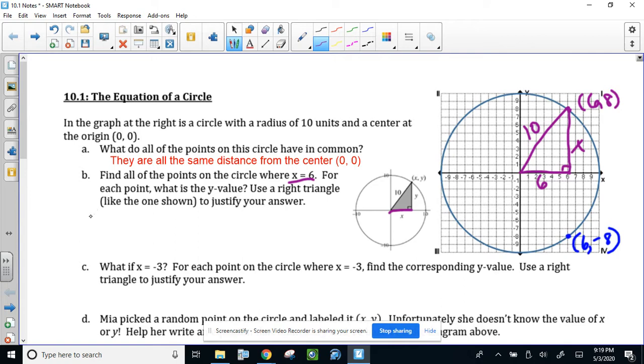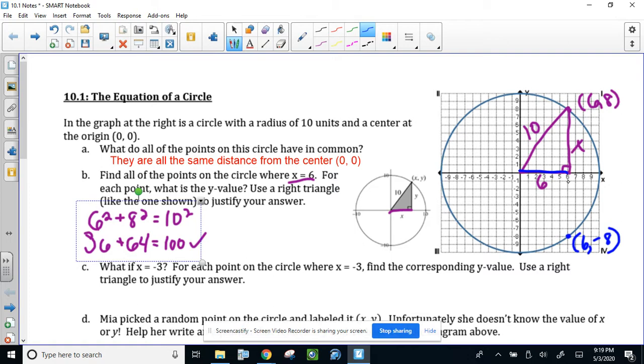Is 6 squared plus 8 squared equal to 10 squared? So 6 squared is 36, 8 squared is 64, and 10 squared is 100. So is 36 plus 64 equal to 100? Yep.